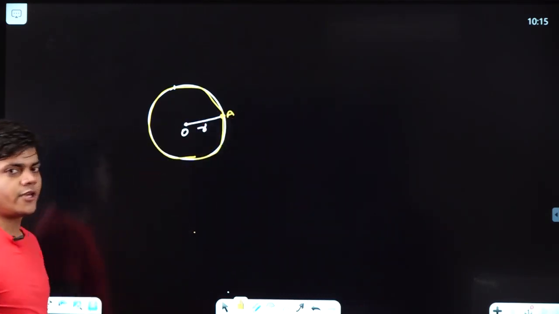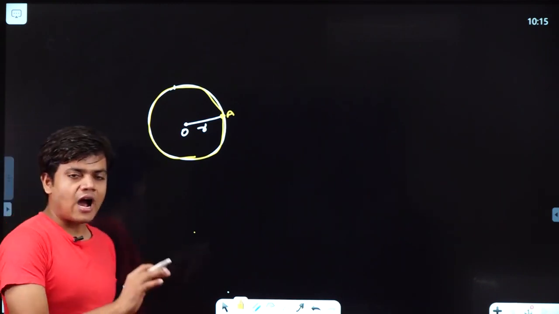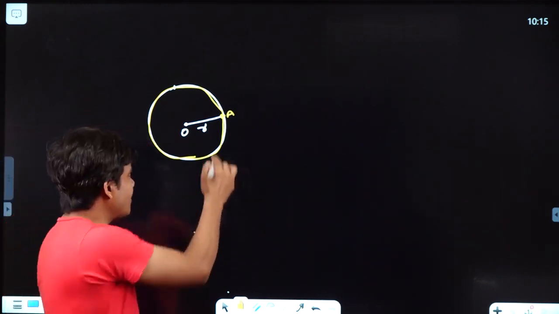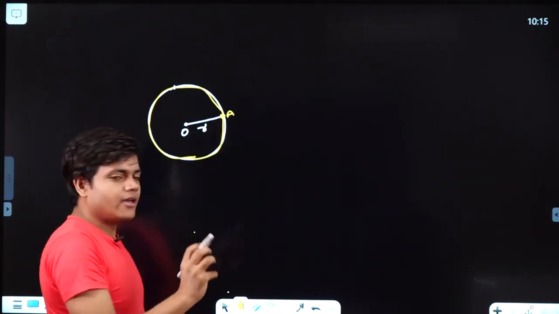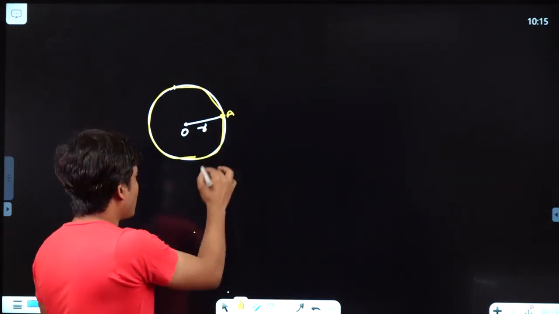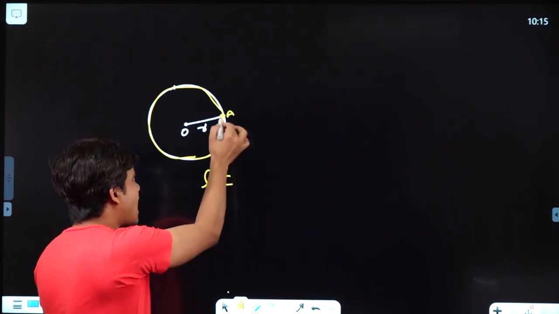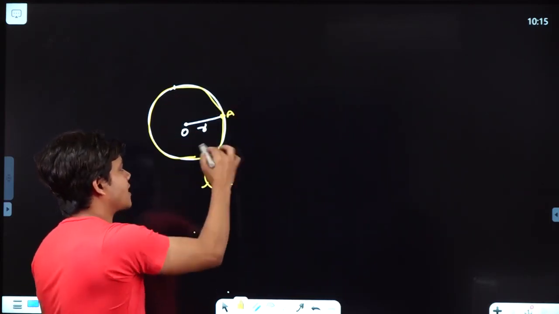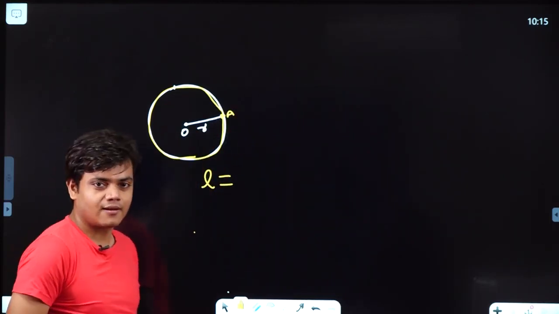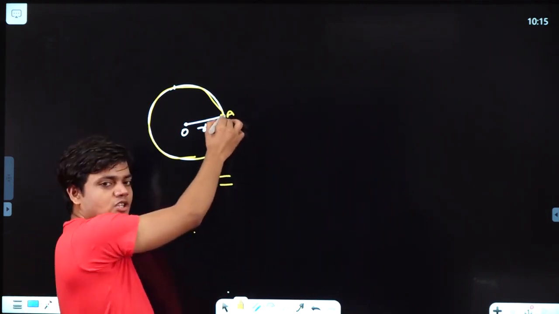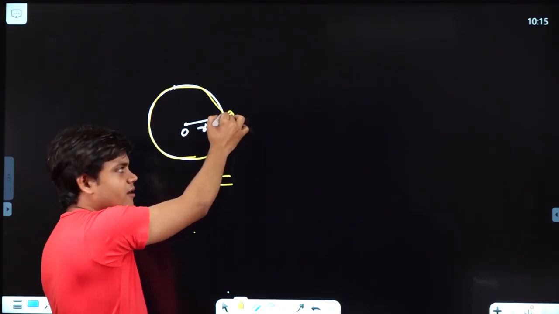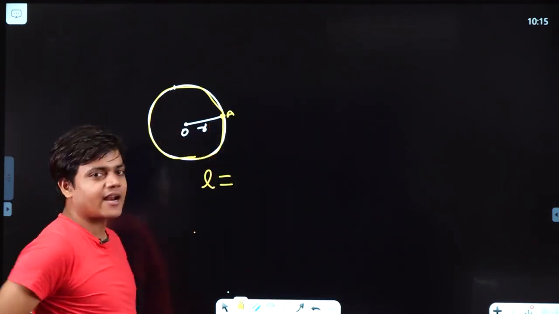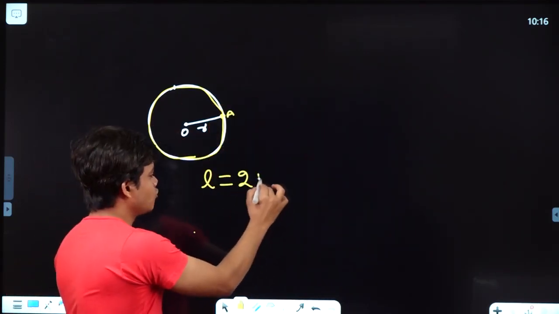Finally we are reaching A. Then what angle has been subtended? Okay, we have to discuss it. But what is the arc length? So the arc length will be equal to what? The circumference of the circle. Because we have started from this point, and after rotating we are reaching over here. So the whole circle is the arc length. So it will be what? 2 pi r.